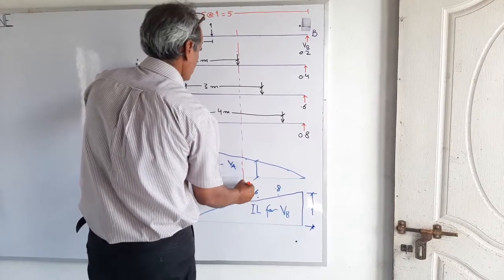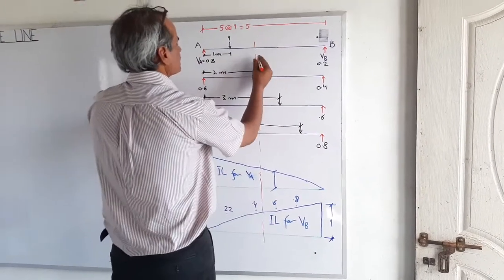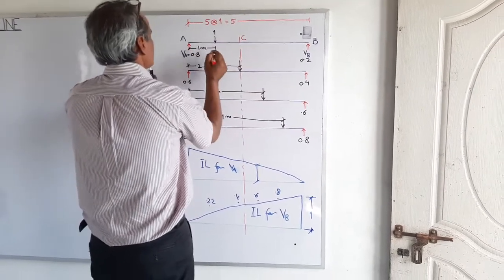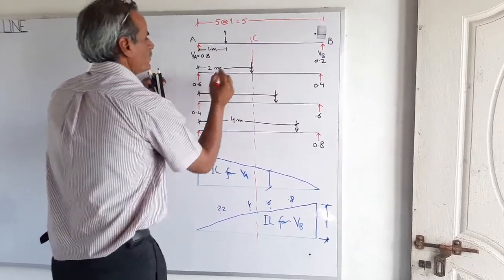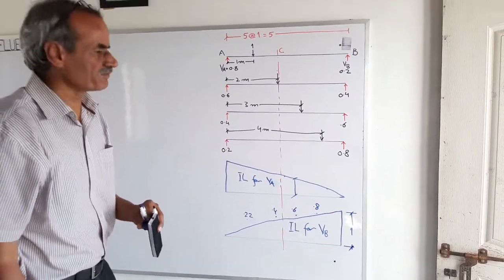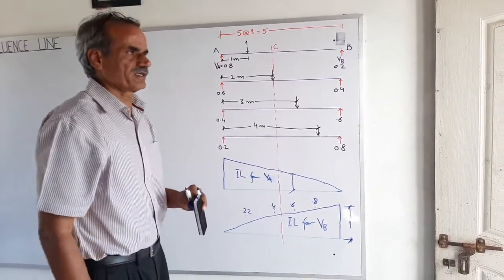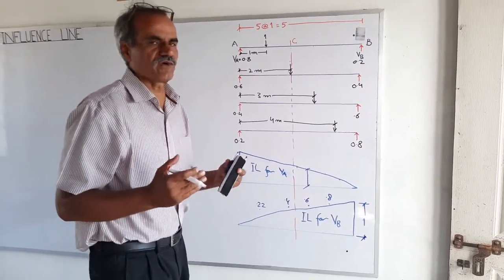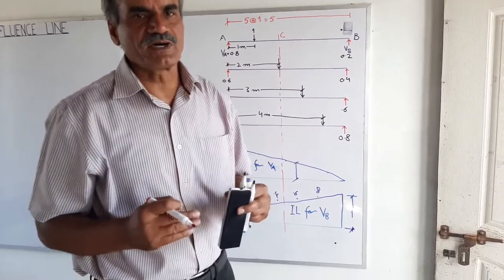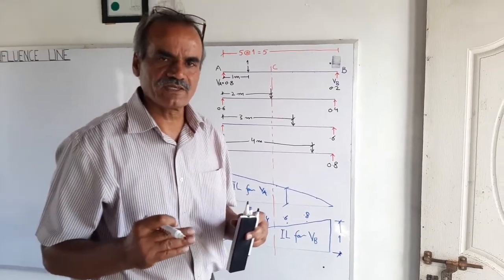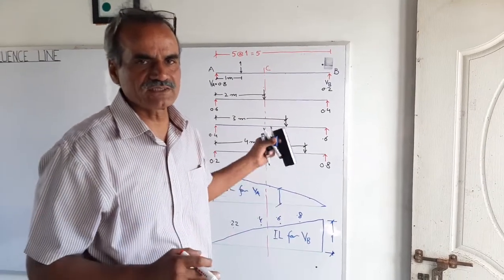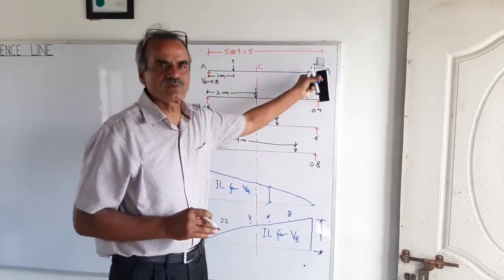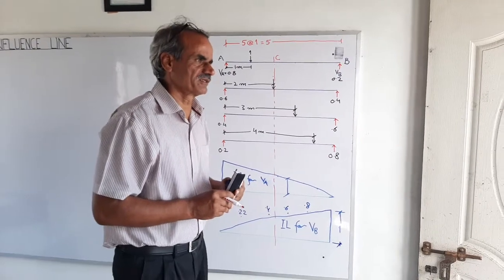Let's call it point C, and it has a distance of 2 meters from spot A. We are given a requirement that we give the influence line for these two response functions, that is shear force and bending moment at point C, for a unit moving load from A to B. Now let's see how we do that.